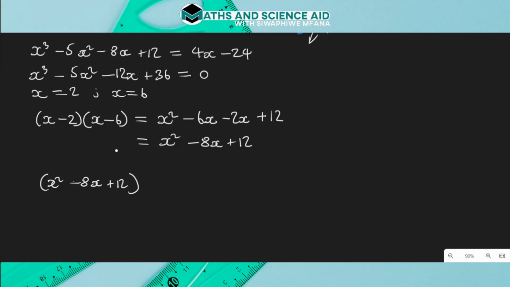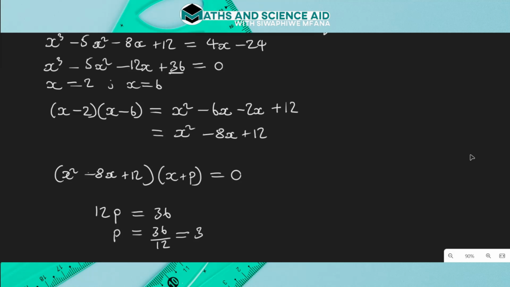And so this time around, we want to work out the last linear factor. So I'll just say x plus p equal to 0. And so basically, what we know about this value of p here is that if we multiply it with 12, we should get 36. So 12p must equal 36. Therefore, p should be equal to 36 over 12.